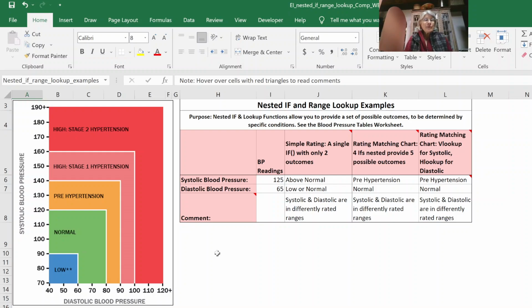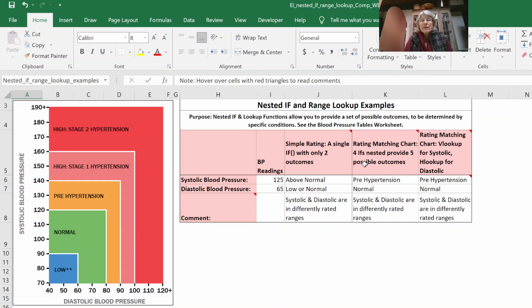This table categorizes different readings into different rating categories for the systolic blood pressure and the diastolic blood pressure. So we've got this low range, the normal range, on up to the highest one illustrated, which is the stage 2 hypertension.